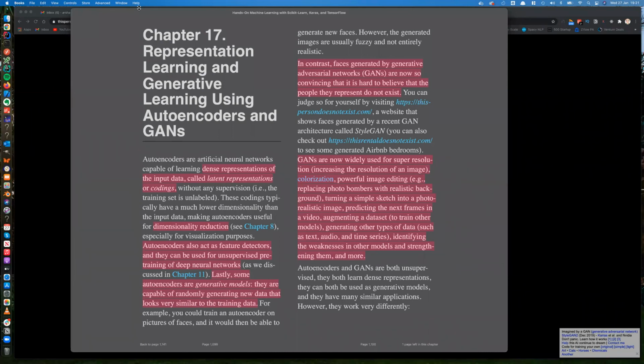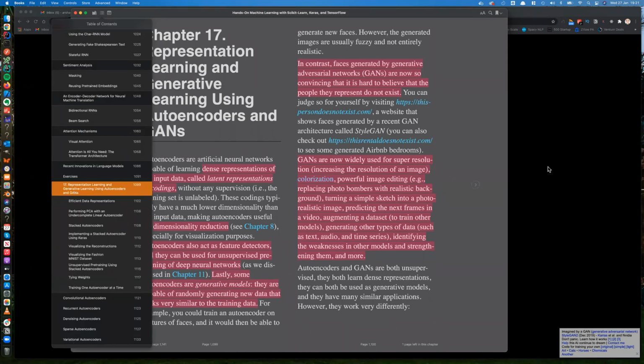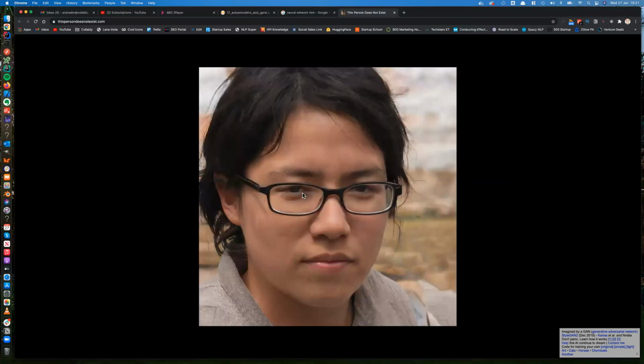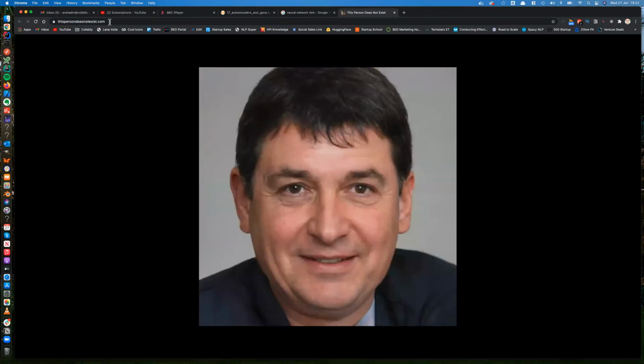Some of the examples I've seen, you could tell it wasn't quite a real person. Maybe the eyes weren't quite right. There was just some artifact of the fact that this was slightly artificial. But all of these guys, this is extraordinary, isn't it? It's amazing.